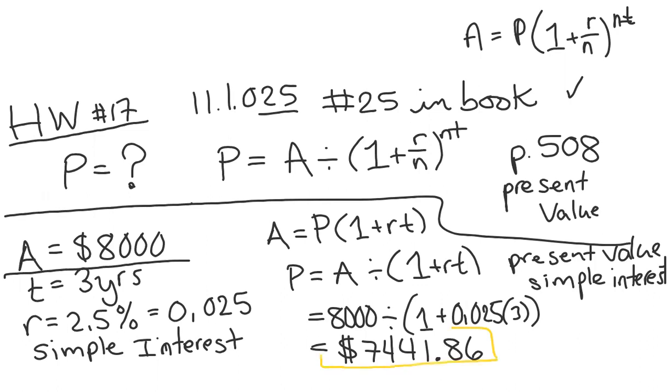Now I've done the problem correctly by actually dividing here, and I get $7,441.86. Should be the present value. Or another way of looking at it is that should be the amount we deposit in order to achieve 8,000 in the future, right?